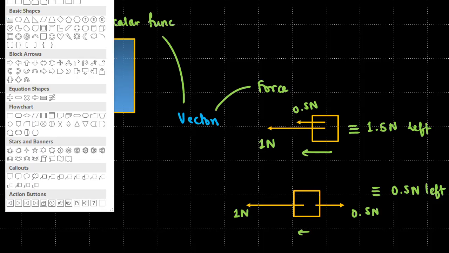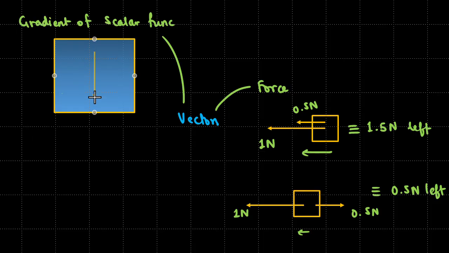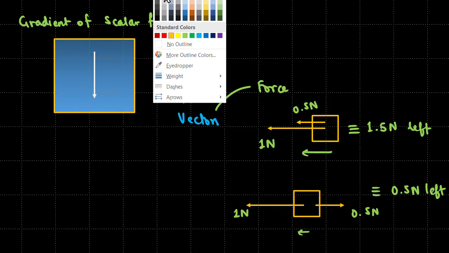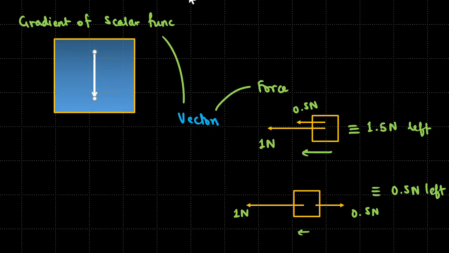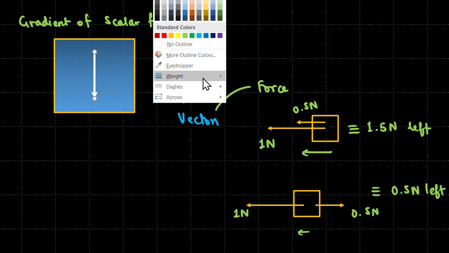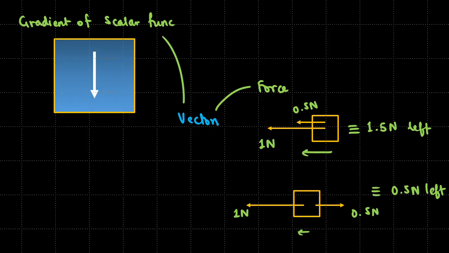So the direction of gradient is actually the direction from low to high value. So this will be the direction. Let's make it white and much thicker. So right here, this is the direction of gradient.